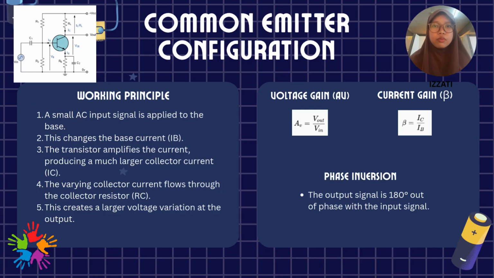When an AC input signal is applied to the base, a small change in the base current controls a much larger collector current. This produces a larger output voltage, giving the amplifier a high voltage gain and current gain. The output signal is also inverted by 180 degrees, which means it is opposite in phase to the input signal.